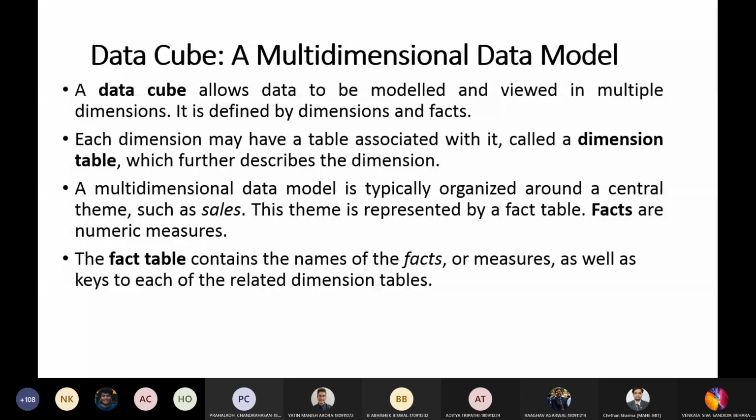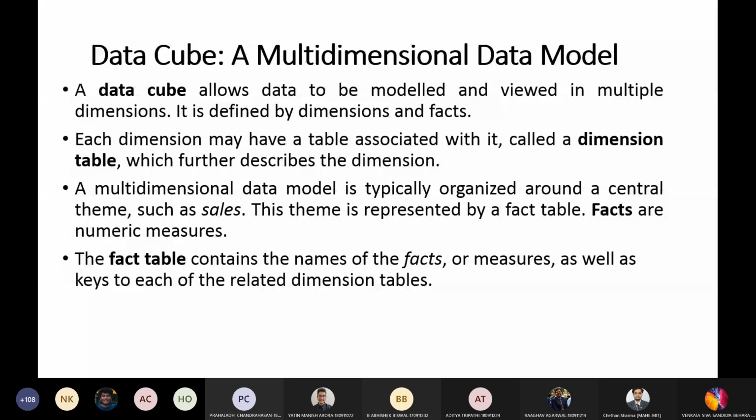So the dimensions could be time, item, branch, and location, so these four could be your dimensions. Okay. So with these dimensions, the organization can track things like monthly sales of the items which they are interested in, or maybe branches and locations at which that particular item was sold, etc.